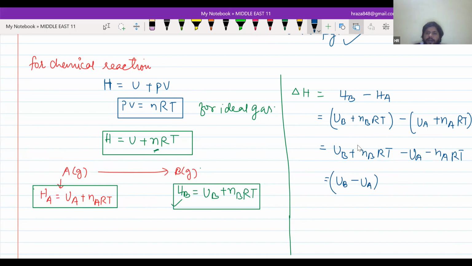Now try to concentrate here, from nB RT and nA RT I am going to take RT as common.